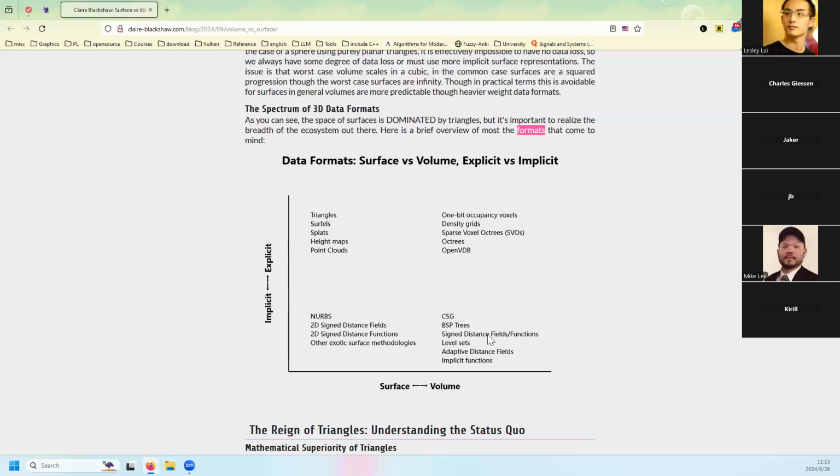And for volumes, we have occupancy voxels. That's the Minecraft-style voxels. And yeah, density grids.